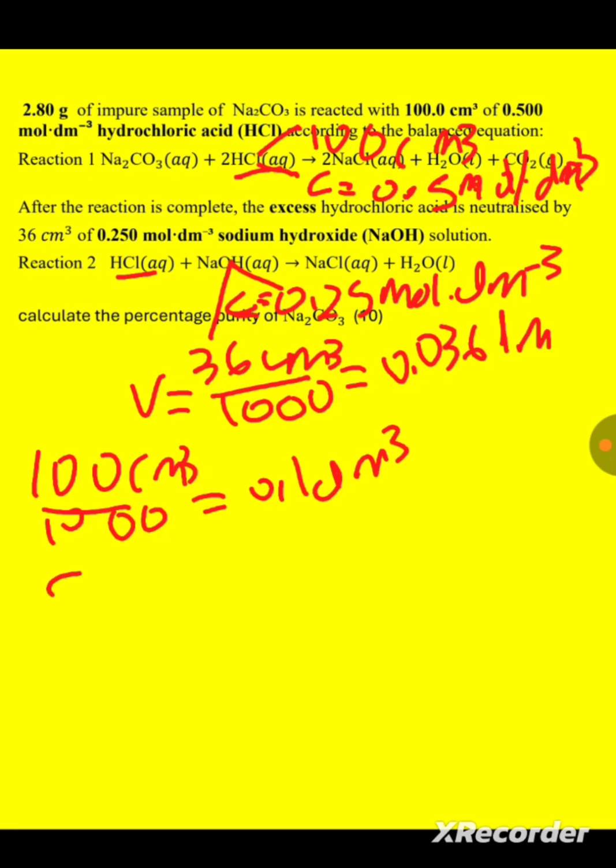Now I say concentration is equal to number of moles over volume. The concentration is 0.5, equal to number of moles over 0.1.